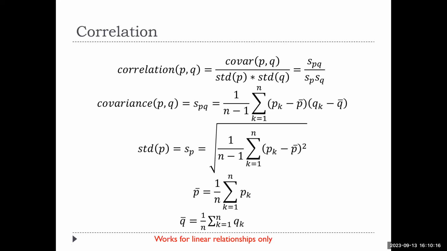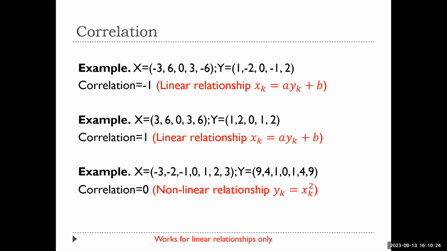There are additional measures to find the similarity, like correlation. Just to understand what correlation is, it measures the linear relationship. Let's say x is -3, 6, 0, 3, -6, and y is 1, -2, 0, -1, 2.